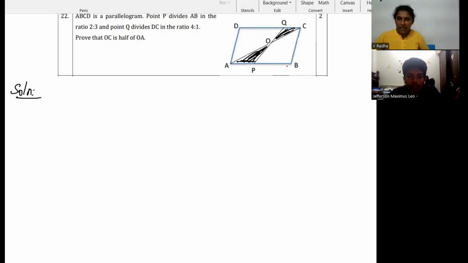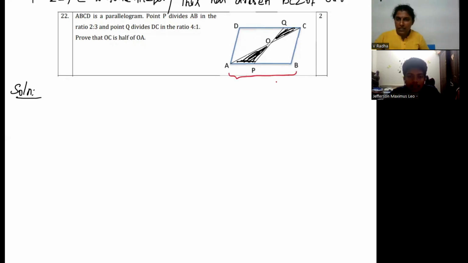Actually, we take this AB as A and CD also A. Because it is a parallelogram, alternate interior angles are equal. நம்ம similarity வழியா வரும். Ma'am, so two angles are equal, so we can say that they're similar.